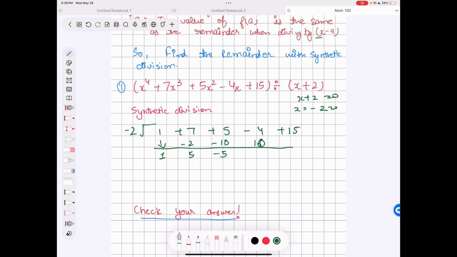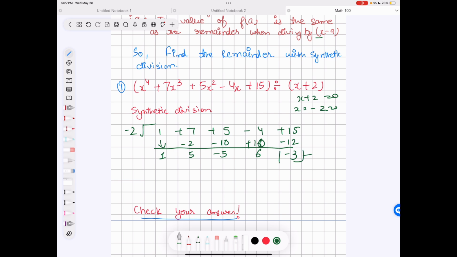And then if I add that, it's gonna be minus 4 plus 10 is 6, and then 6 into minus 2 is minus 12. And then if I add that, it's gonna be 3.